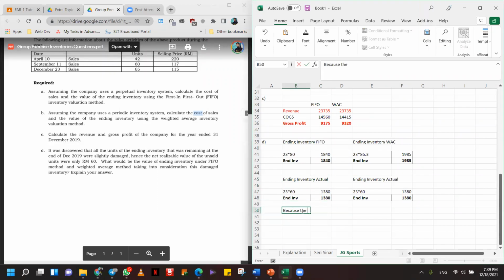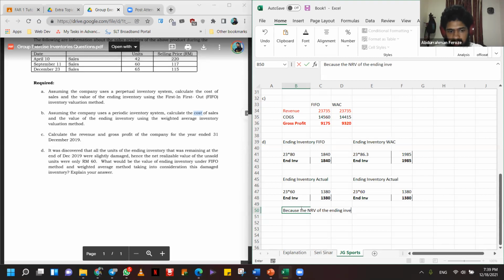Because the NRV of the ending inventory that they've asked about is lower than the cost of the inventory under FIFO and WAC.